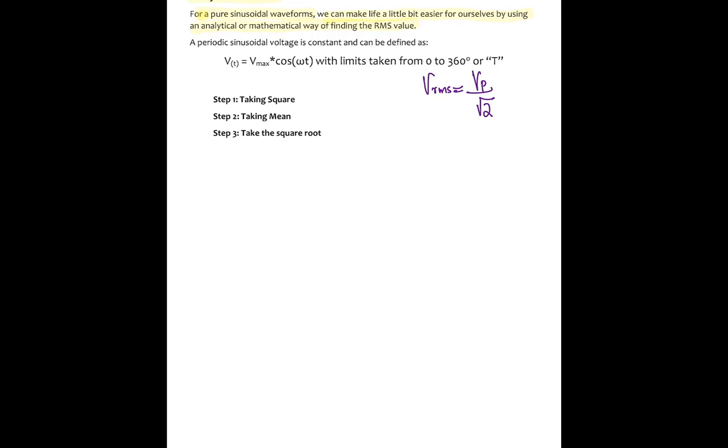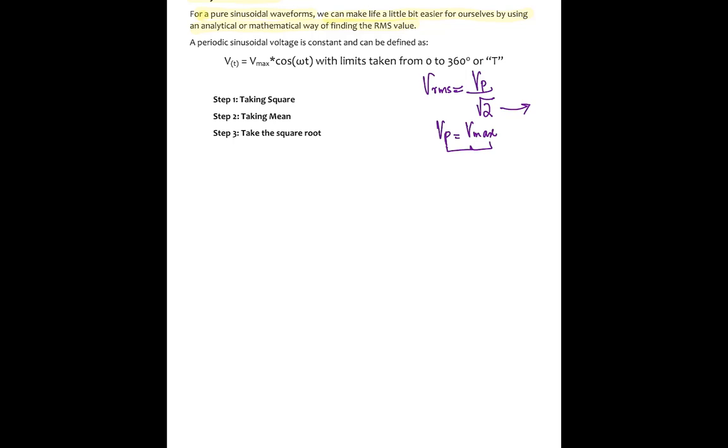When I first put that equation earlier, you might have been wondering, where did I get this V over square root of 2? Also remember this V peak value is equal to V max. They are basically the same thing, just different terminologies may be used.